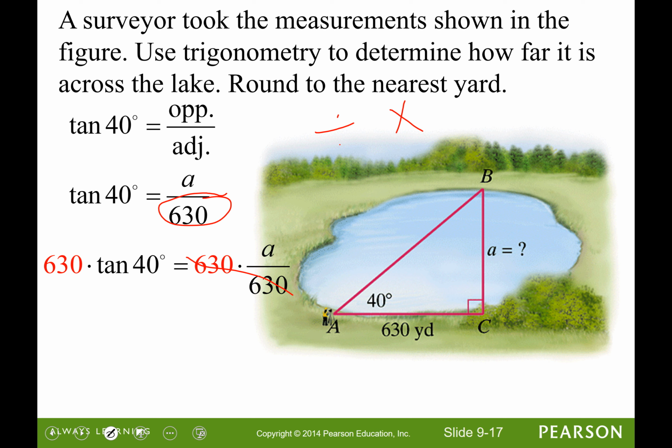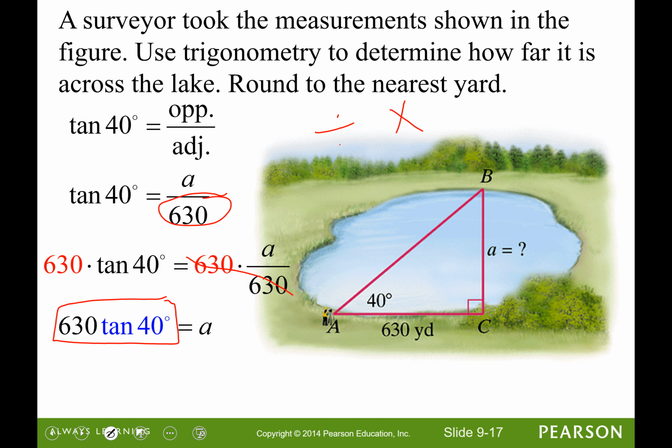Those 630s cancel out, leaving A as the only thing on the right side of the equation, which is what we wanted. Now we have 630 times tangent of 40 degrees is equivalent to our unknown variable A. This is the exact value of A, but we have been asked to round that value to the nearest yard. So at this point, and not before, I want you to pick up your calculator.